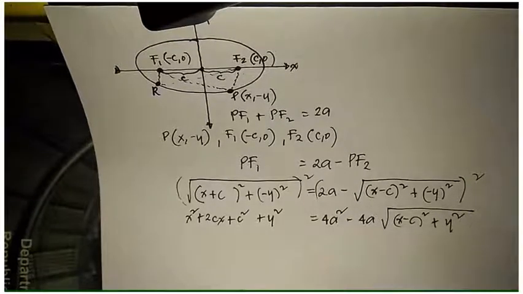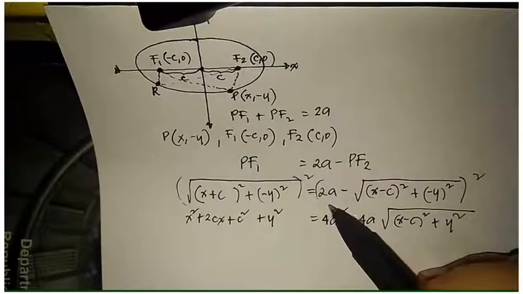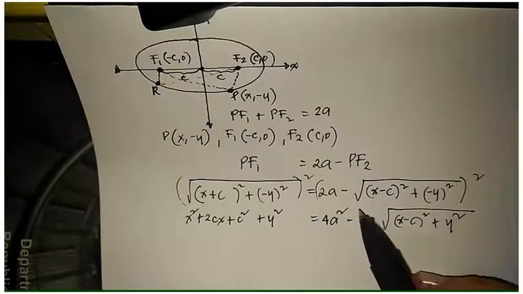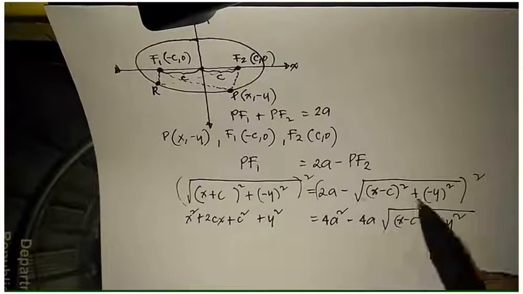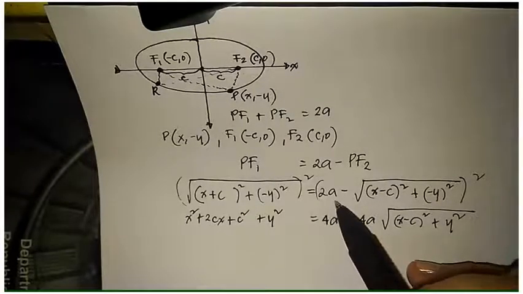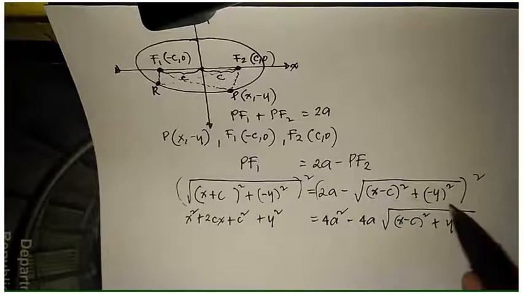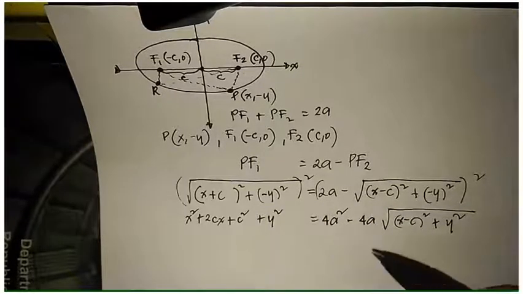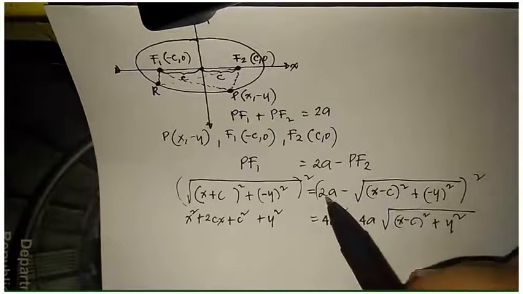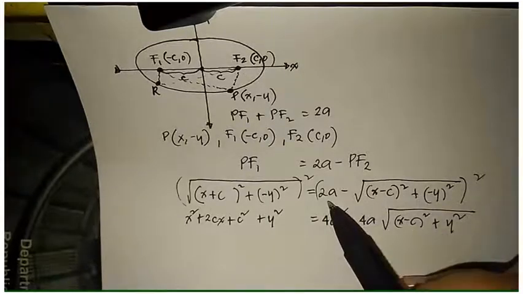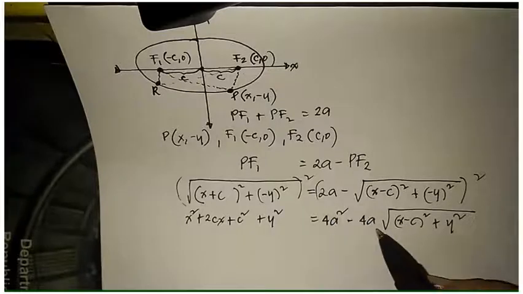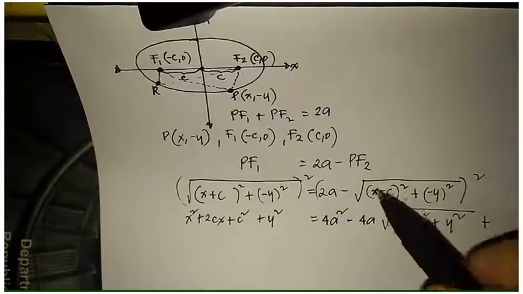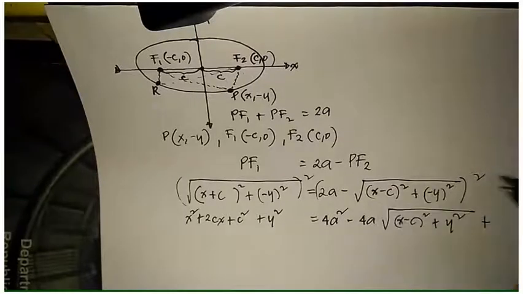Where did I get 4a? Well, we can liken this one to a square of a binomial. So when we square a binomial, this is our first term and our second term, the whole of that. So we would have this one squared, so that's 4a squared, minus 2 times the first and the second term. The first term is 2a, 2 times 2a is 4a, times that one, plus the inside here, this one rather squared. So we can remove the radical sign.